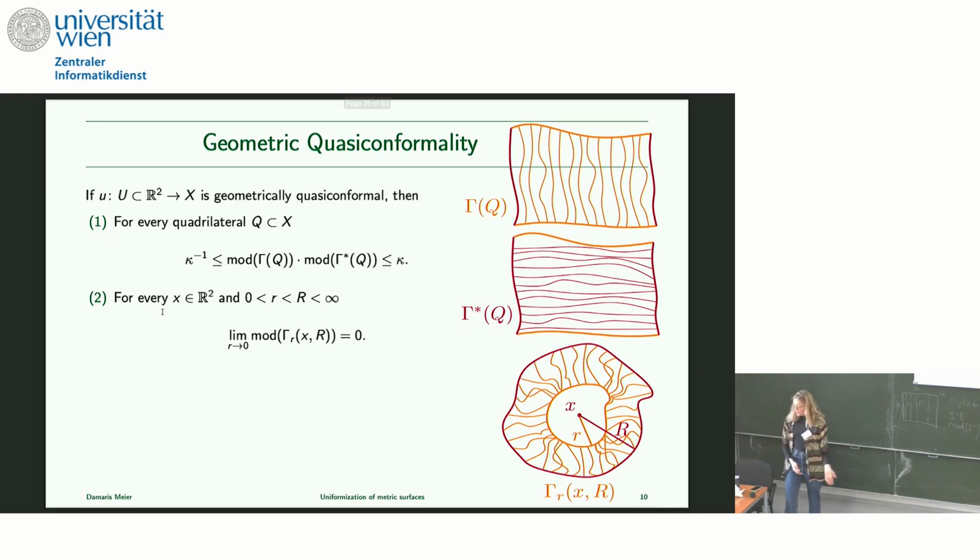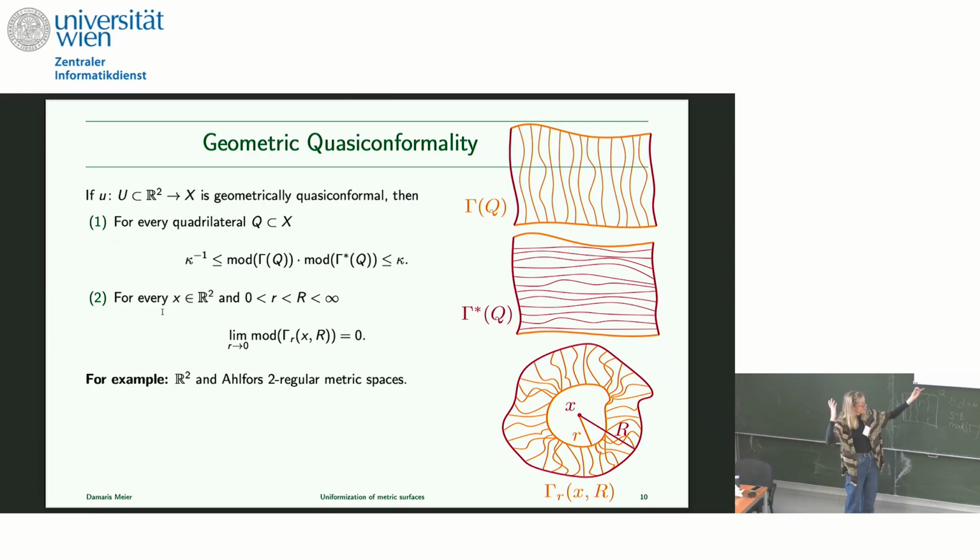Now if we have a geometrically quasi-conformal map, then of course we get two very similar conditions on our metric surface. Once we assume the existence of a parametrization by a geometrically quasi-conformal map, these two conditions hold. For example, R2 satisfies these, as I've shown before, but also all our Ahlfors 2-regular metric surfaces satisfy these two properties.